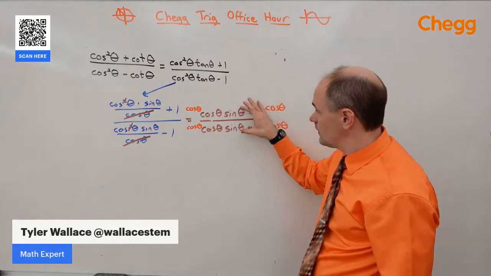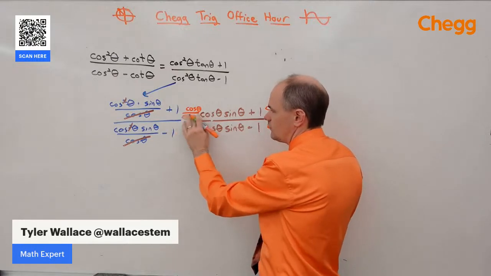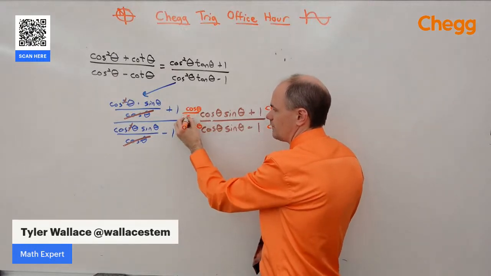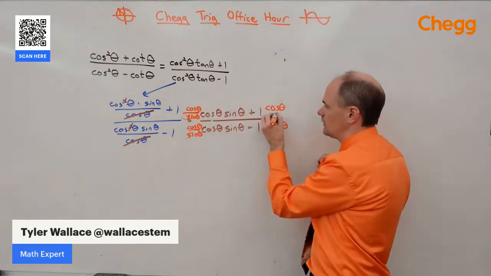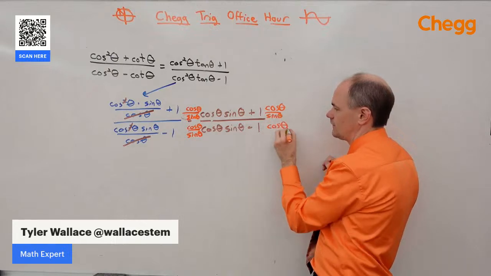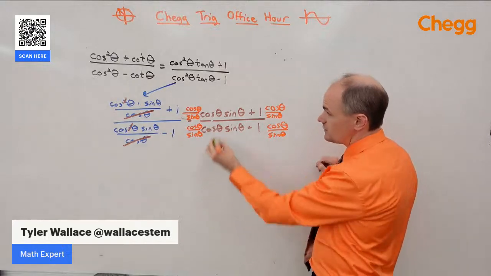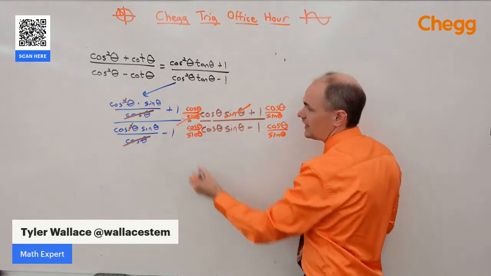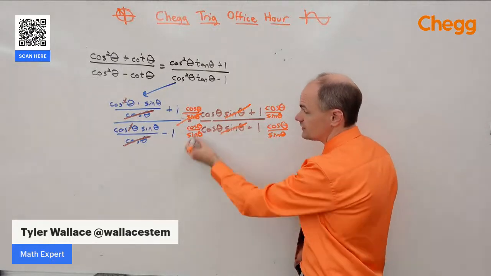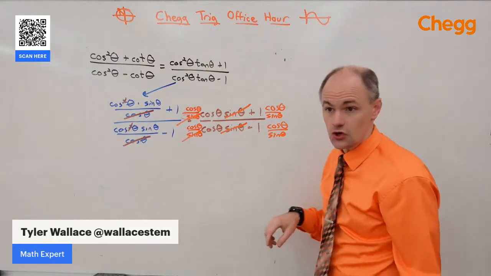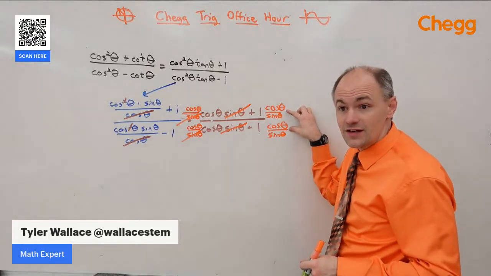Well, what if we just divide them out? What if I divided by a sine? Divide by a sine. Notice by doing that, the sine reduces out with the sine, and it gets rid of the sine that I don't want. Also here, the sine reduces out with the sine, and it gets rid of the sine that I don't want. But what's even better, look what we created on the right side.